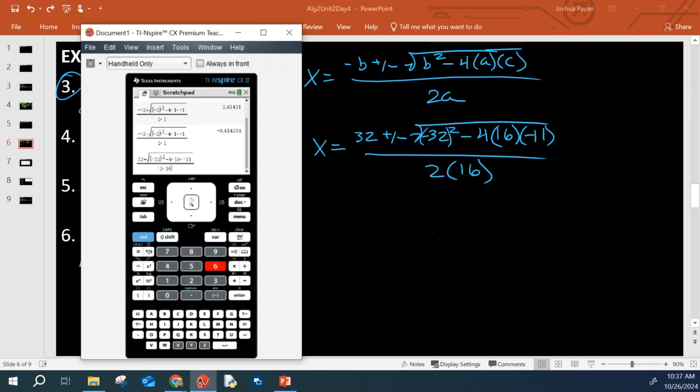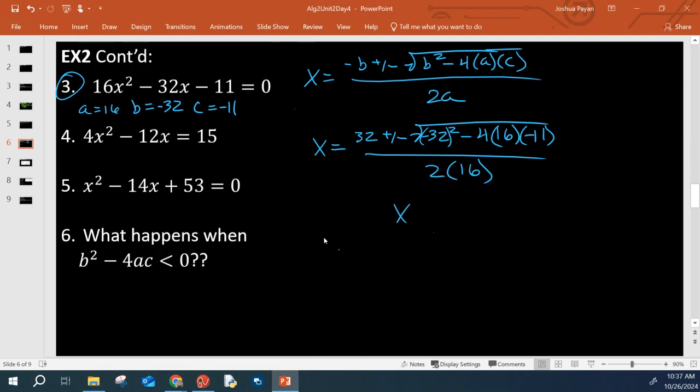And we just double check and make sure. So b is negative 32. We see that. A is 16. C is negative 11. And a again is 16. We've got it. Hit enter. And we get effectively 2.30. So we know one of our solutions is about 2.30, right?